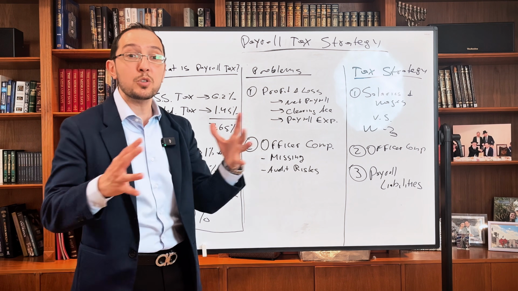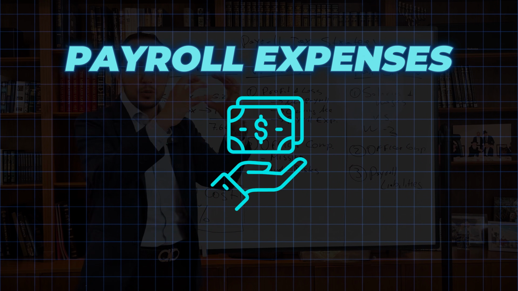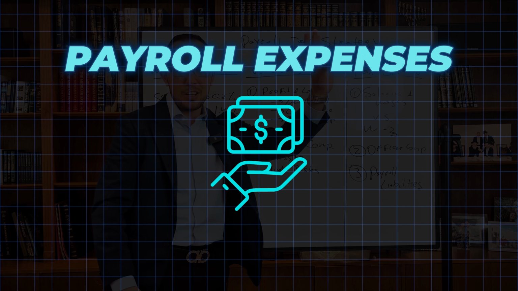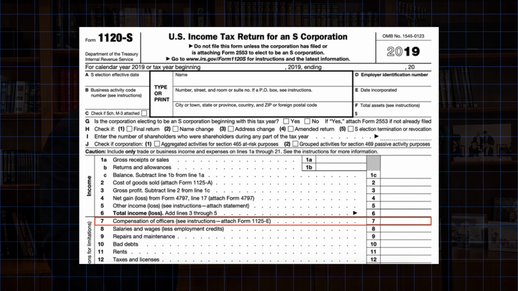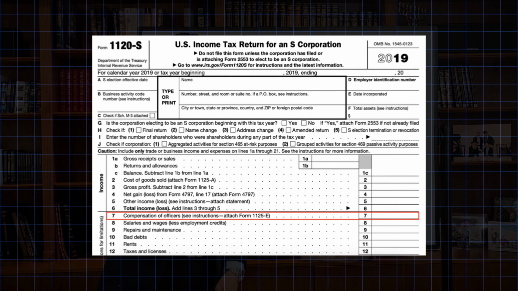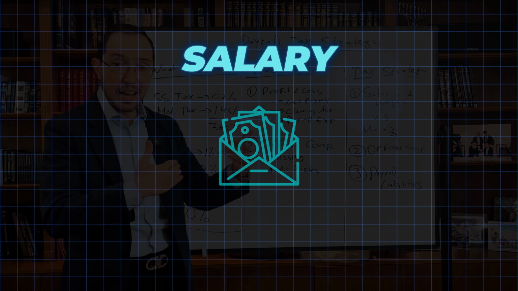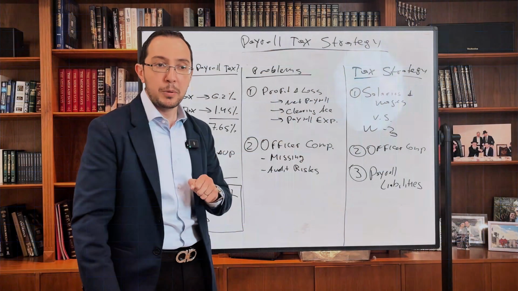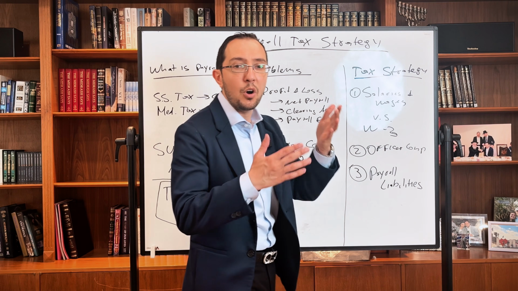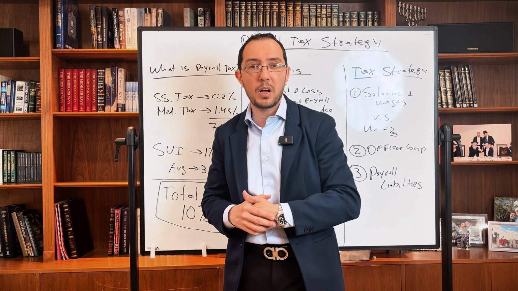What I see most often, actually even worse, is that all the payroll expenses get put on salaries and wages on the business tax return, and officer compensation line 7 of an S corporation is blank, and the officer paid himself or herself a salary. And if this line is blank, if it's missing a number which should be here, it triggers an audit, because the IRS looks to see if the owner of the business, or especially an S corporation, pays themselves a reasonable compensation.